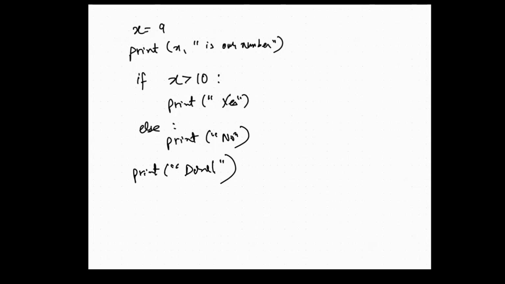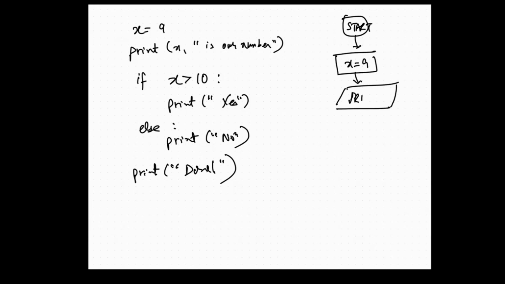Right? So if we create the equivalent flowchart for this, you start with the start state, put X equal to 9, print out something, check is X greater than 10.